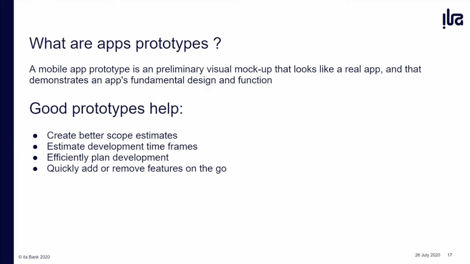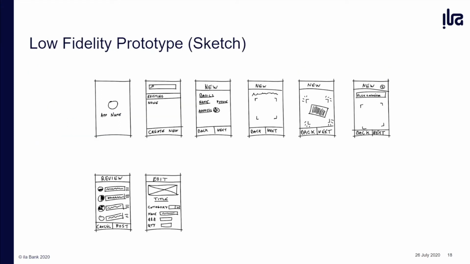So there are two types of design prototypes. There's the low fidelity prototype, which could be a sketch. You just grab a pencil and draw on a notebook how the design would look, what kind of screens, if you click on this button, where it will go, and everything.